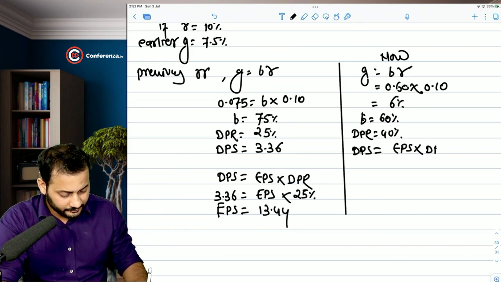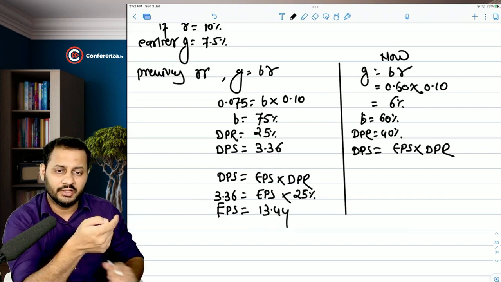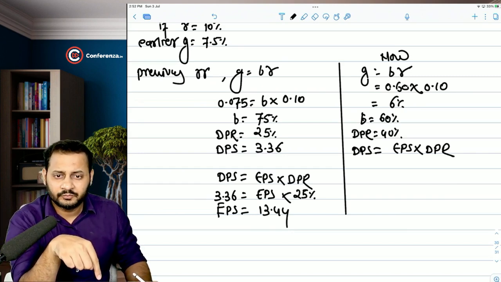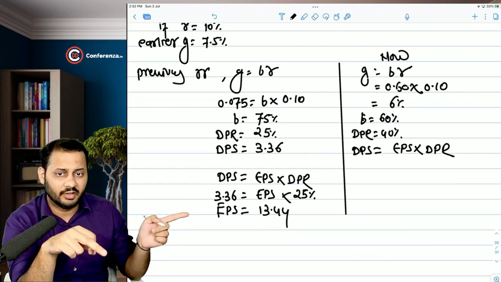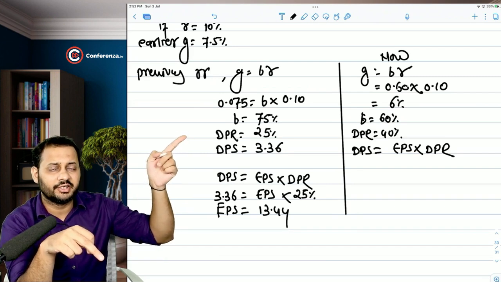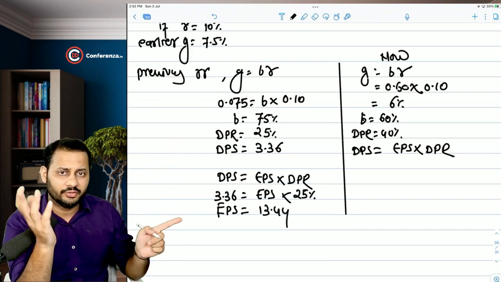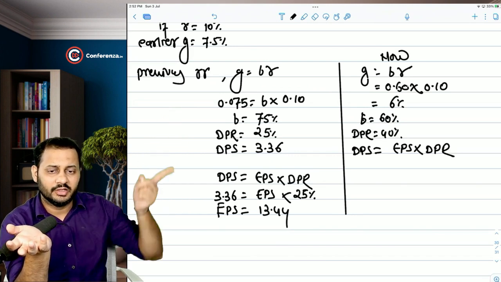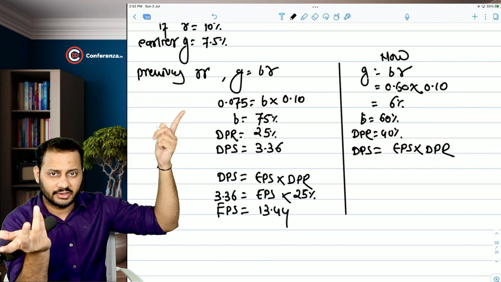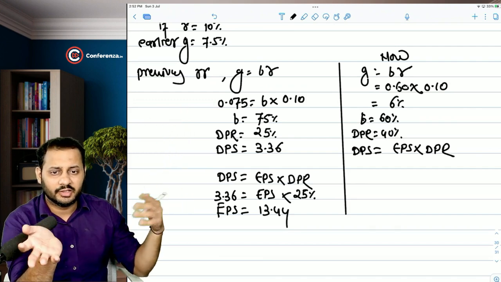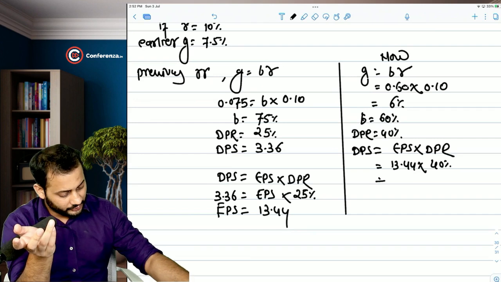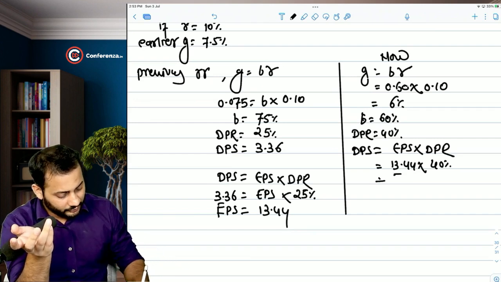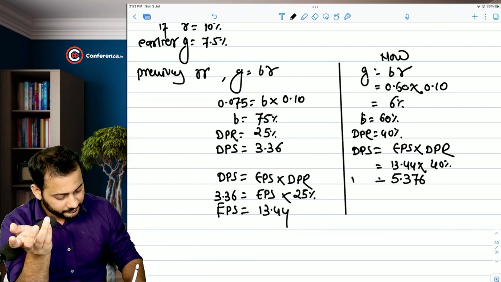That's why we went backwards and calculated the earnings per share earlier, because it is the same irrespective of the fact that you are changing the retention ratio and dividend payout ratio. Return on equity is 10% in both cases, so EPS will be 13.44 in both cases. So 13.44 into 40%. The new DPS, including growth, please understand that, is 5.376. This is what you will use.